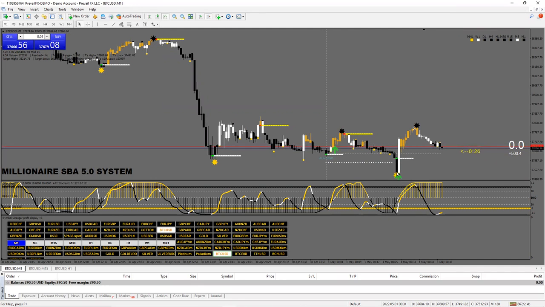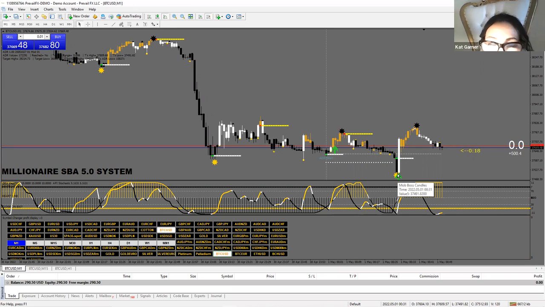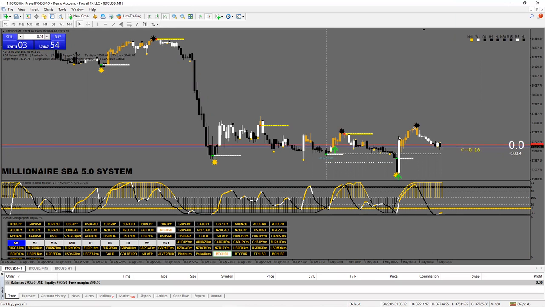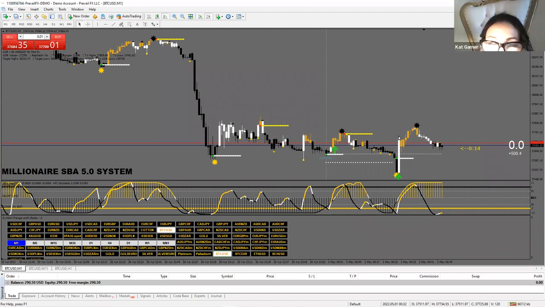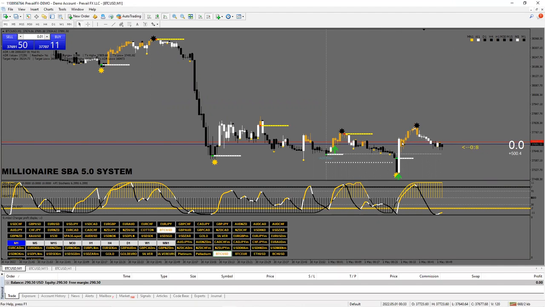They went for a ride all the way here and they're celebrating because they got all that profit. And then all of a sudden, boom, all the profit's gone in a matter of seconds. And that was quick.